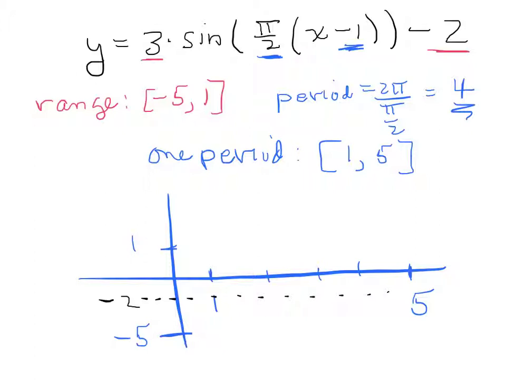Sine starts at the midline, which is 0 usually. And then it goes up to the top. And then it comes back down to the midline, and then it goes down to the bottom, and then it goes back to the midline. So that is how I would graph this without any graphing utility at all.